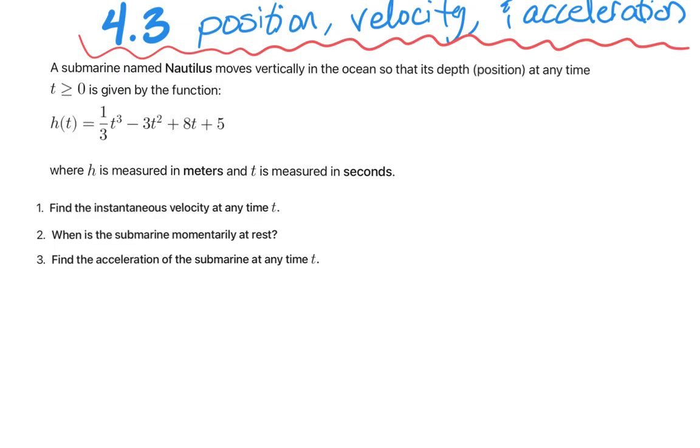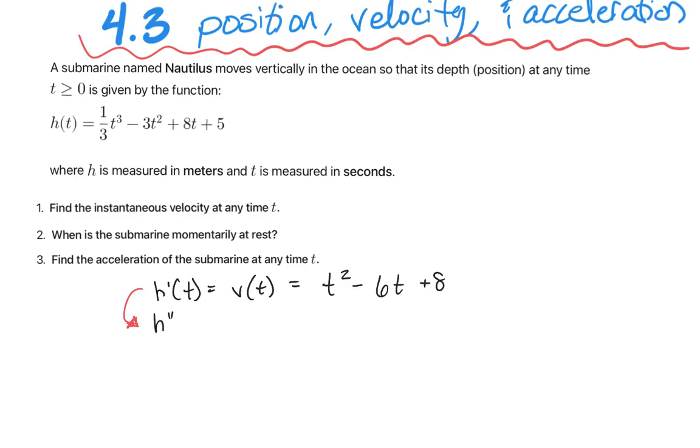Our next example, find the acceleration. We know that h prime is equal to v of t, and that was t squared minus 6t plus 8. On this one, we have to take it a step further because we're talking about acceleration, so we're doing the derivative again.